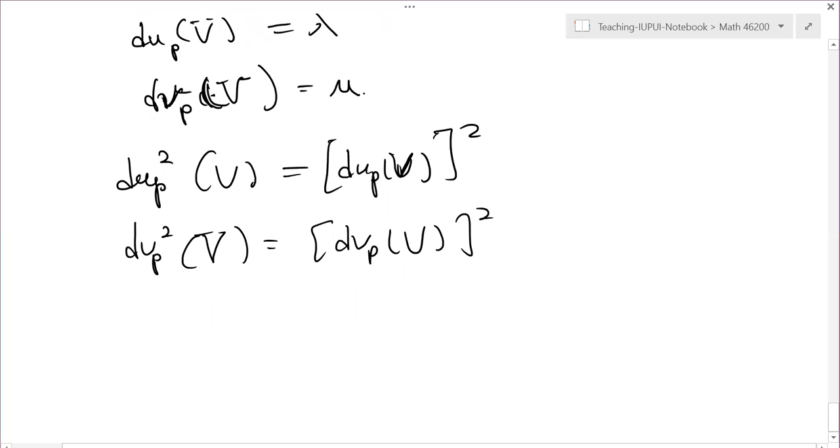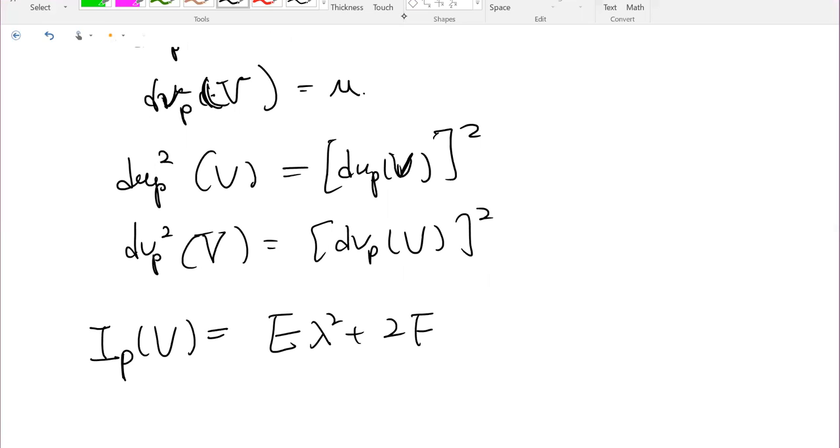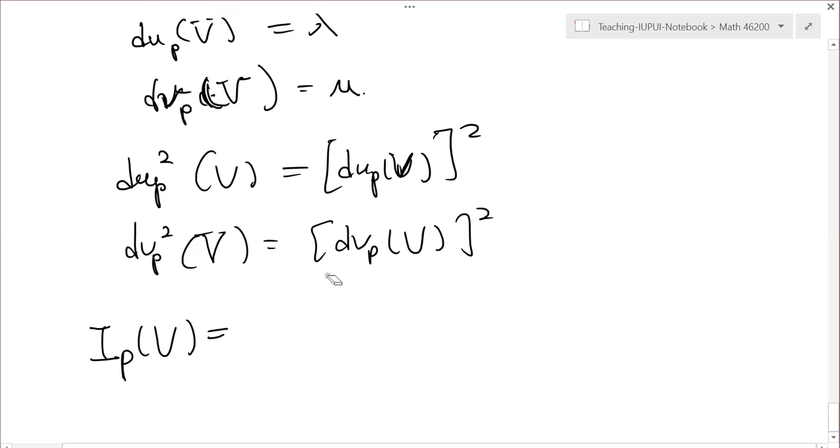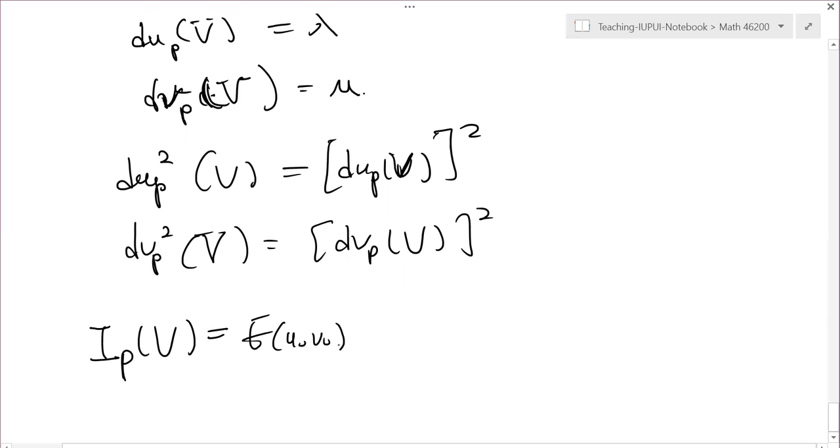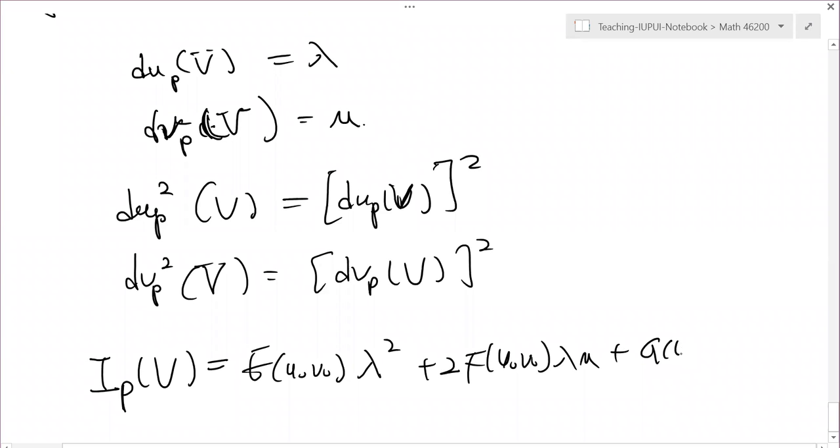Using that, remember E lambda squared plus 2F lambda mu plus G mu squared.